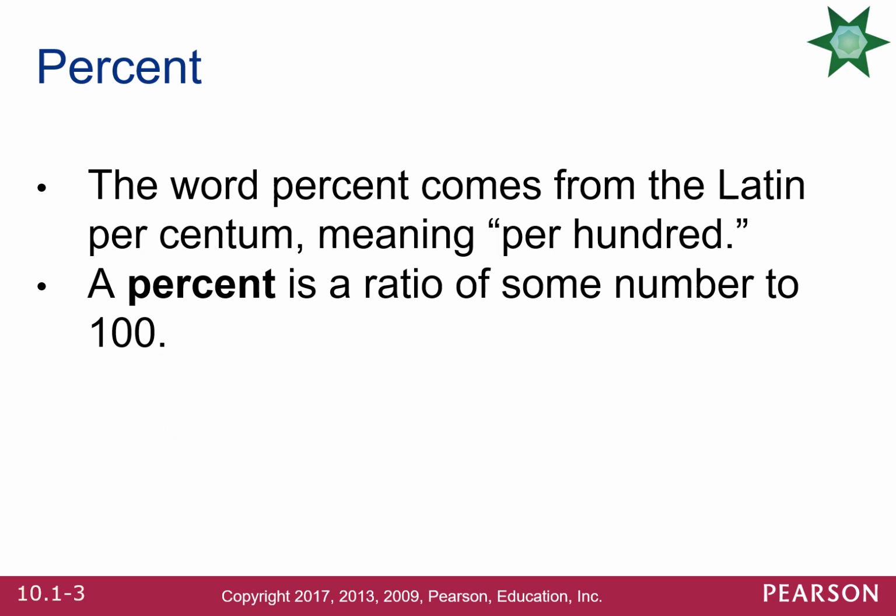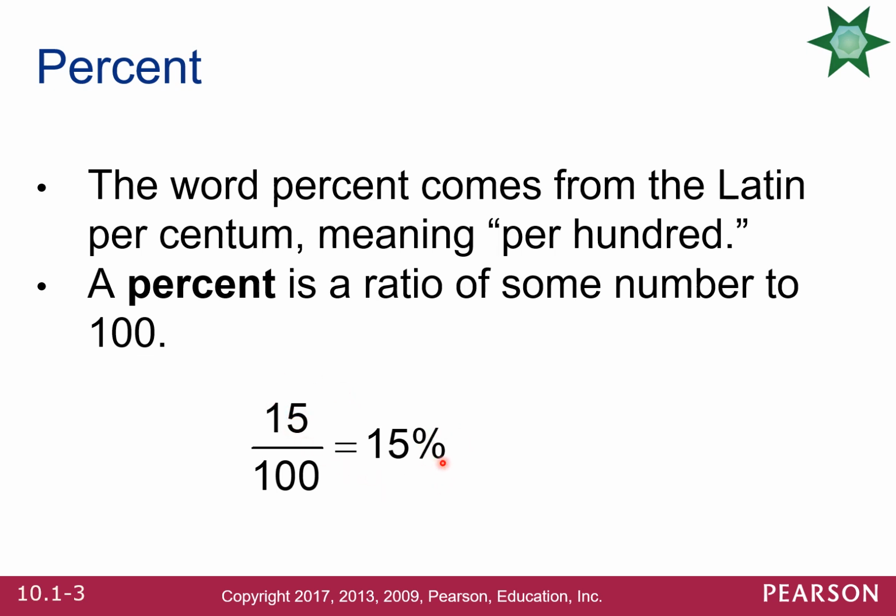So the way we write the ratio is whatever that some number is goes in the numerator, and the per 100, because it's out of 100, that goes in the denominator. So when we are writing a percentage in fractional form, then the denominator must always be 100. All right. And the percent value should be in the numerator.